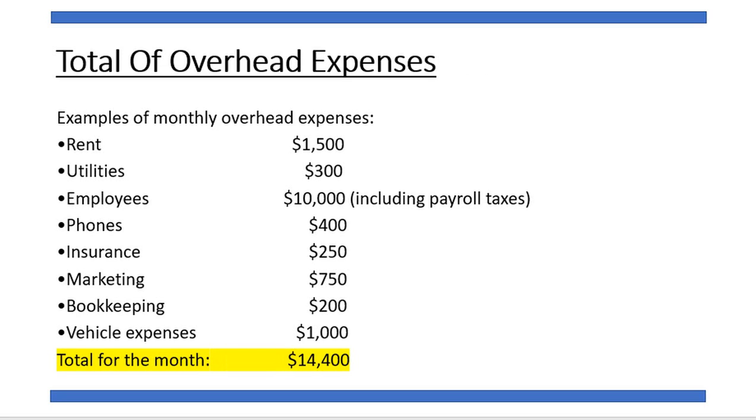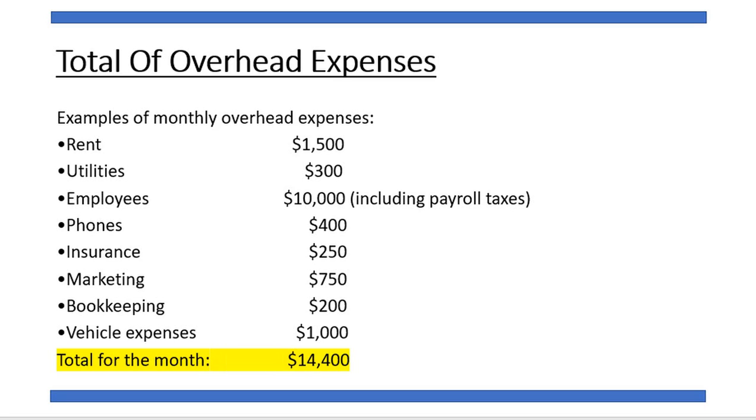Now let's look at those same expenses with some numbers attached to them. In this example for this small business, the rent is $1,500 per month, the utilities are $300, employees are $10,000, and we need to be sure to include in that overhead expense the amount that we pay for their payroll taxes.